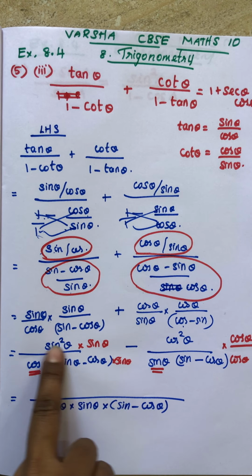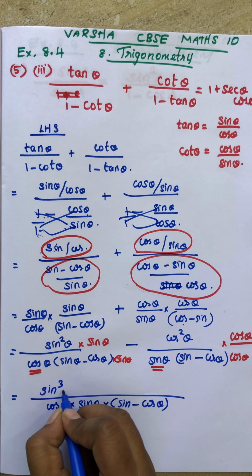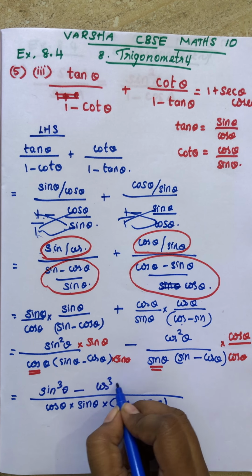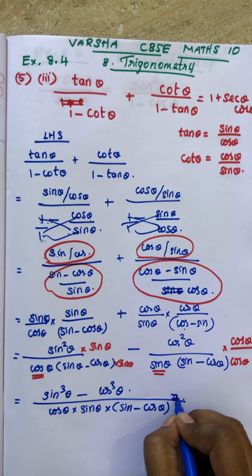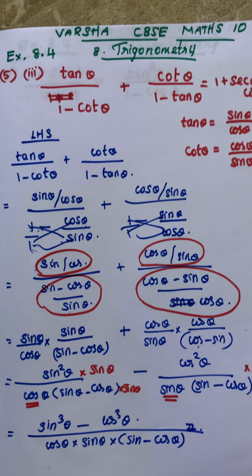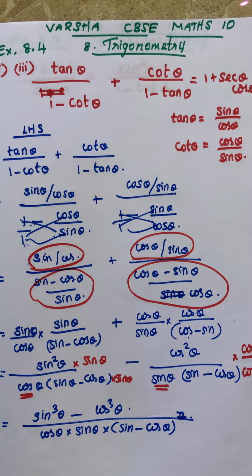Now multiply this numerator, you will get sine cube theta minus cos cube theta. Okay, so do you understand students in this step? How do we get the algebraic identity sine cube minus cos cube? This is in the formula.